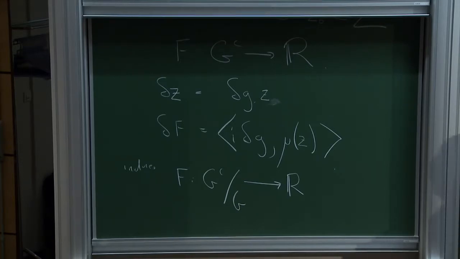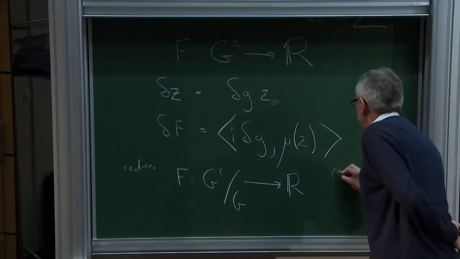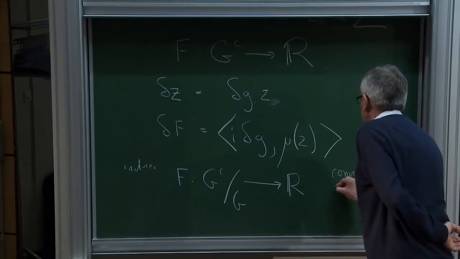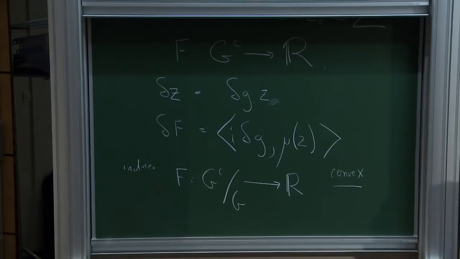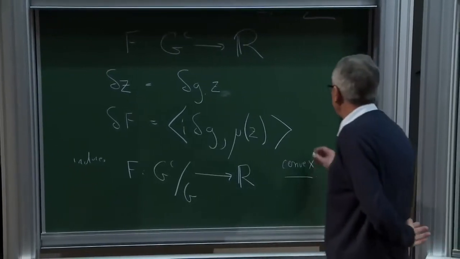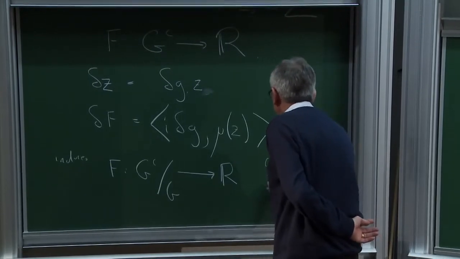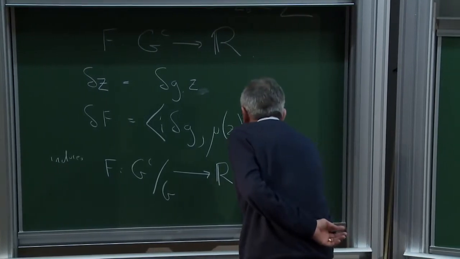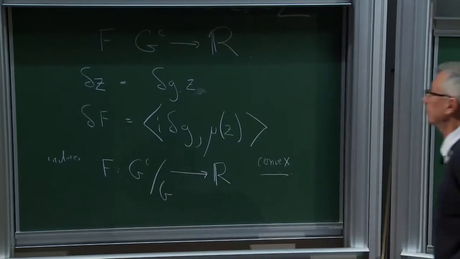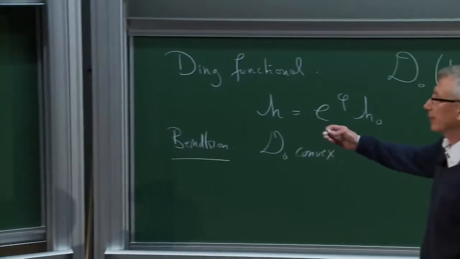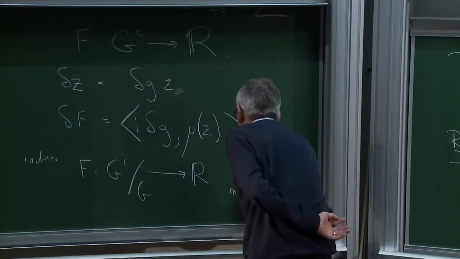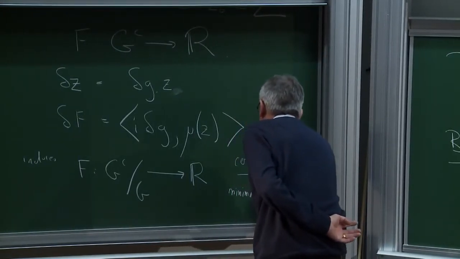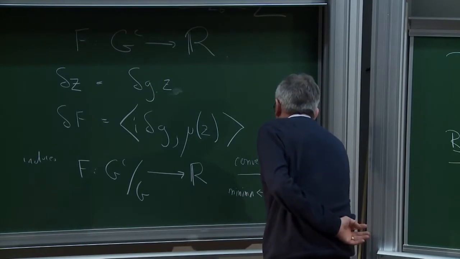And this always has the property that it's convex. This is a convex function which you can write down. The critical points, which are just going to be the minima because of the convexity, correspond to solutions of mu equals 0.